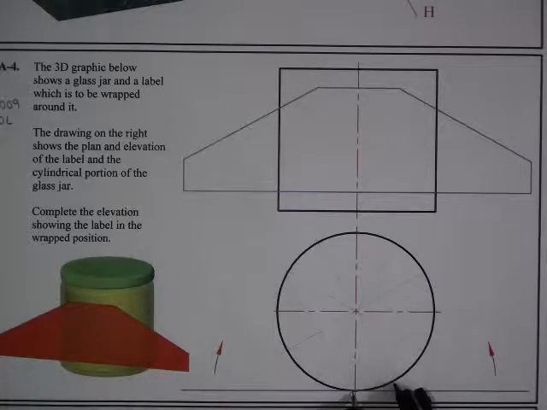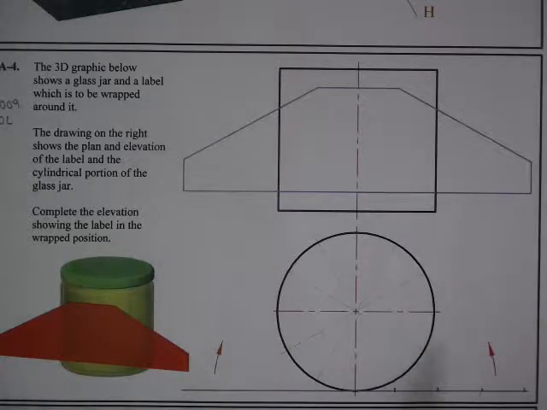So this will be your first distance there. That'll be your second, right? So 1, 2, 3, 4, right? And there's a small bit left at the edge.